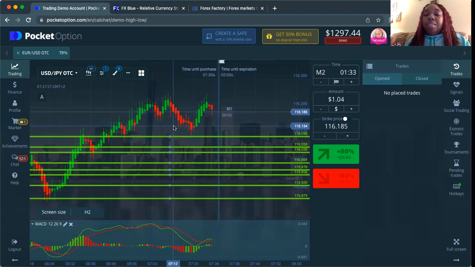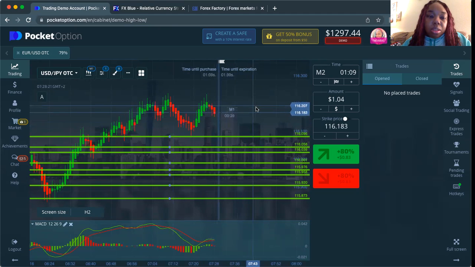Price does hit multiple times, sometimes 3 to 4 to 5 times, and you might not be aware of it. Those are key areas that you gotta know in order to trade in a successful way.